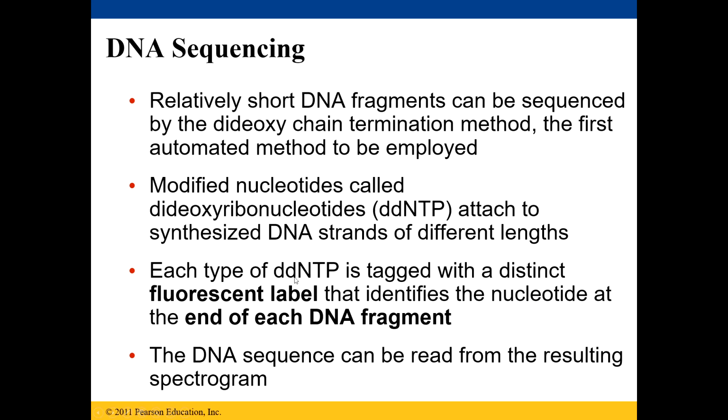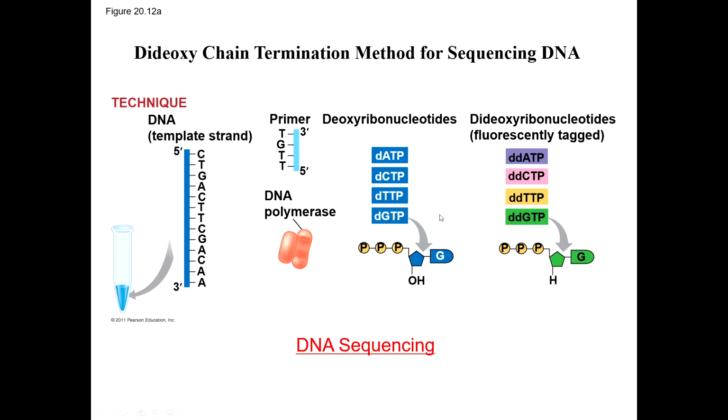They act almost like roadblocks, so we know at the end of each piece, depending on which one we're using, because there's 4 different ones, A, T, G, and C, that at the end of each of those fragments, there's either an A or T or G or C. And then we can use a spectrogram using light, actually laser lights, to interpret it.